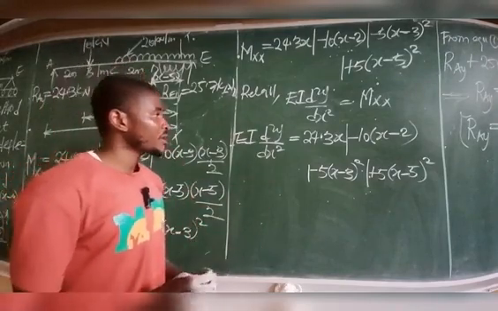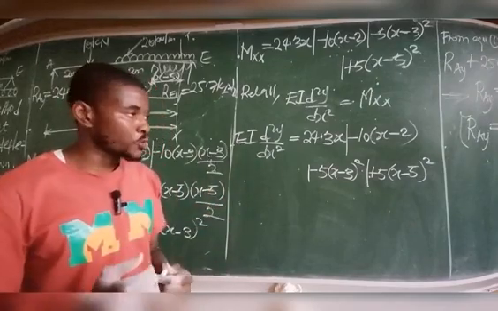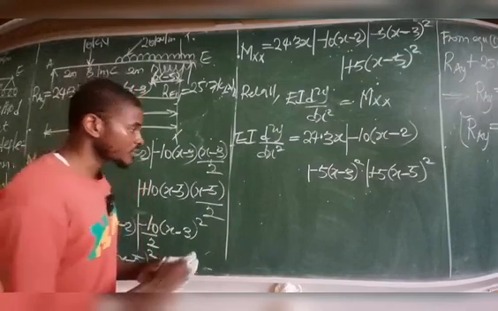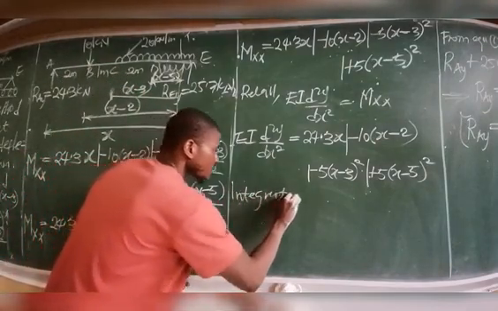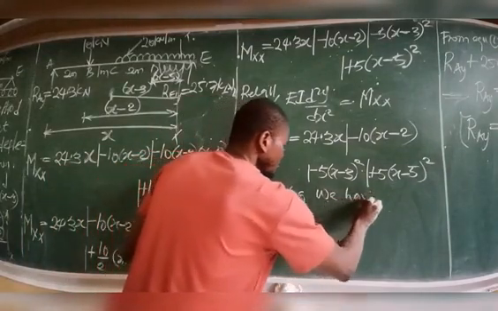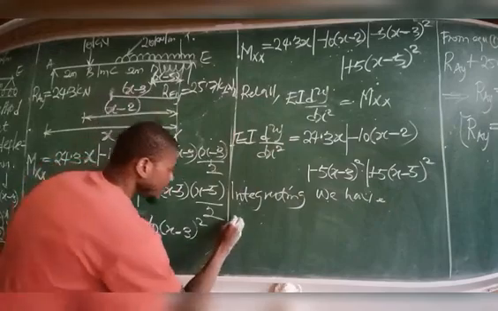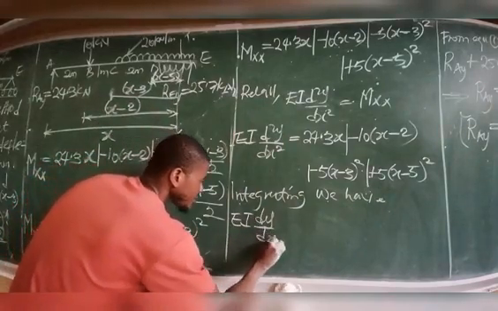Now, if I integrate this function with respect to x, I will obtain the slope equation. Integrating, we have EI dy/dx.